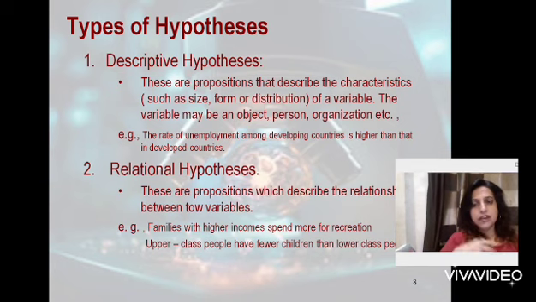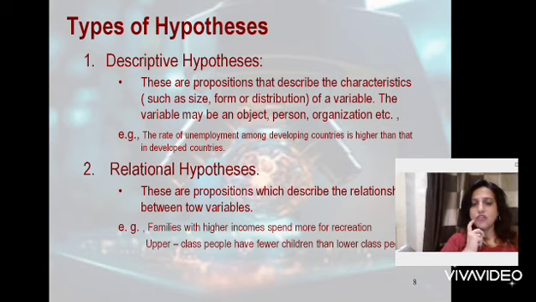So we have different types of hypothesis. For that matter, very first we have the descriptive hypothesis. Now when we talk about descriptive hypothesis, such hypotheses just describe the phenomena. They describe the characteristics such as size, form or distribution of a variable, and that variable may be an object, person or organization.